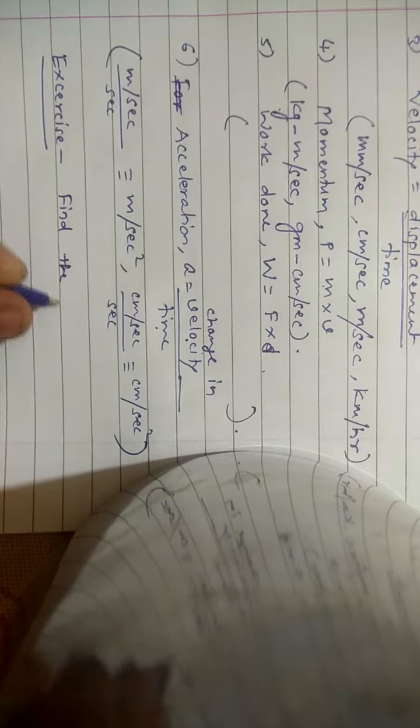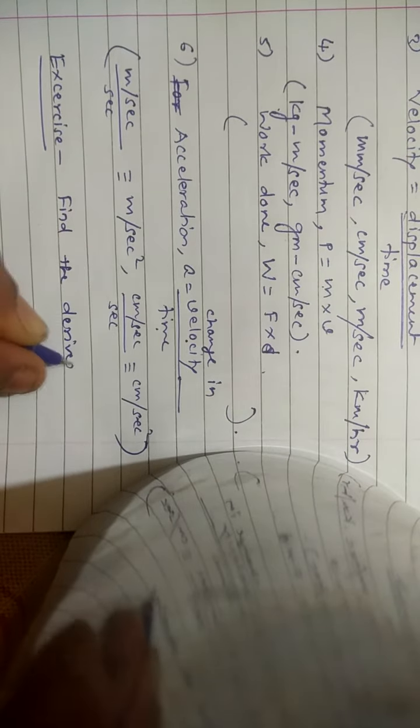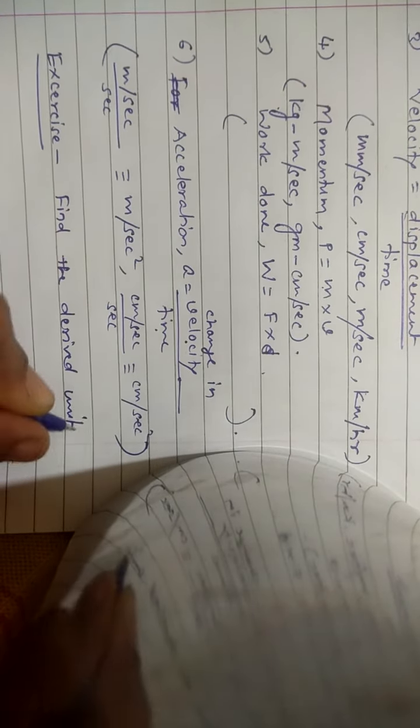Okay, so take an exercise: find the derived units, of course, of the following quantities. I'm not writing in full now. Like you have density. You know what is mass, you know the units of volume. So obviously, to find out the units, you should know the formula first of all. You should be thorough with the formula, then only you can find out the derived units.